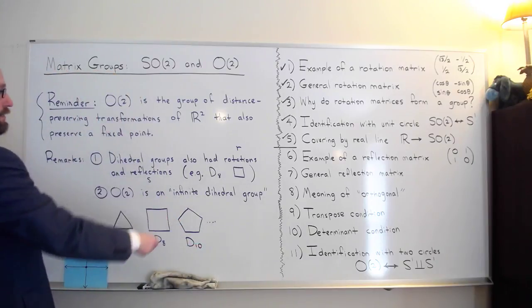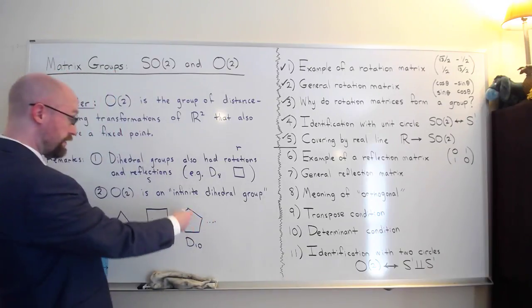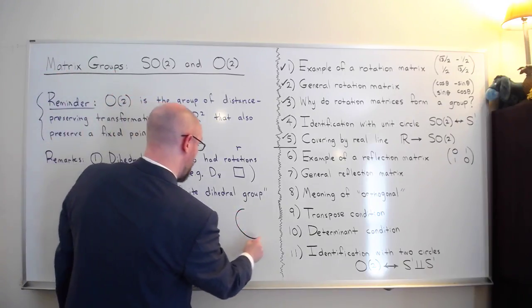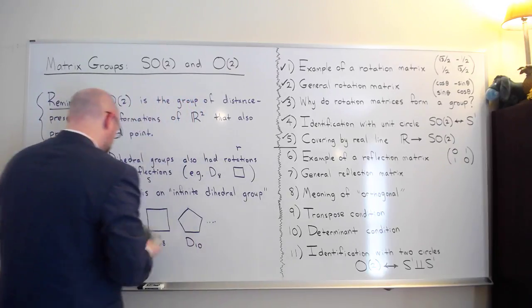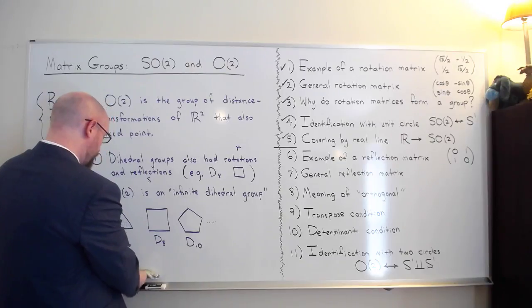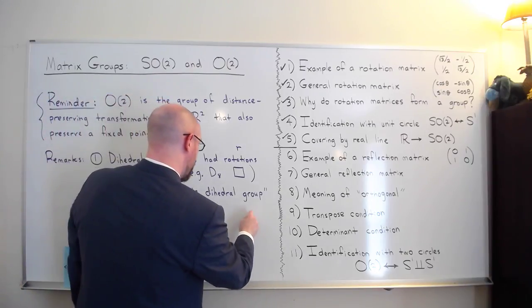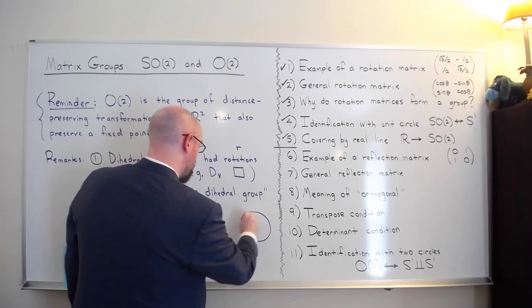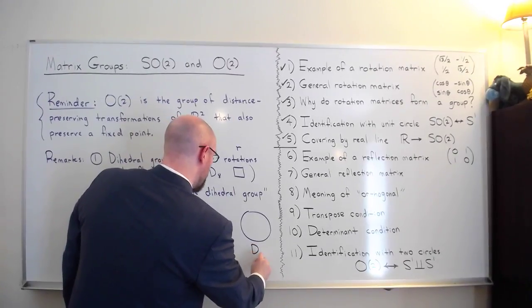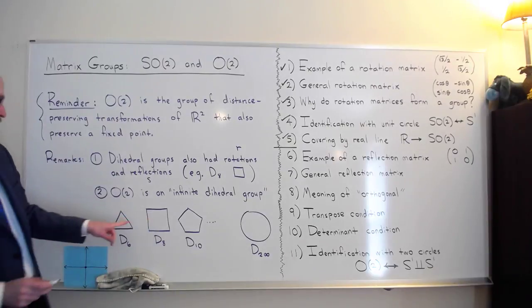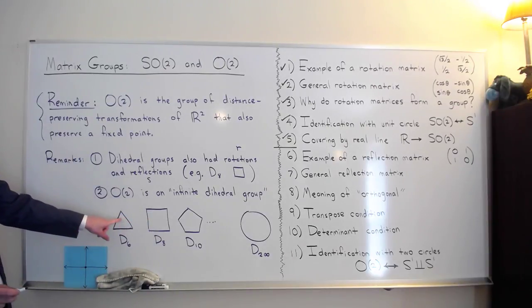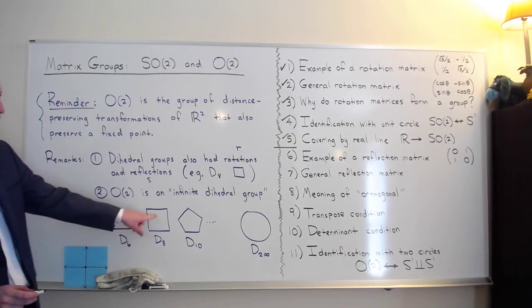But you see these are kind of getting closer and closer to a circle in the sense that if I allow the number of edges to approach infinity, then you could think of this as sort of D times 2 infinity or something. Because the number of edges here was 3, and so you get D6, D8, D10.